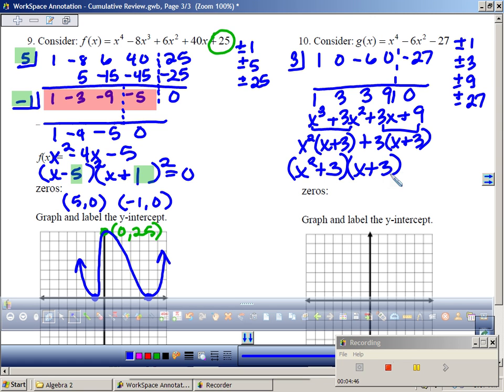So my zeros are, I have 3. Here I get negative 3. And this one here gives me, if I set it equal to 0, plus or minus 3i.